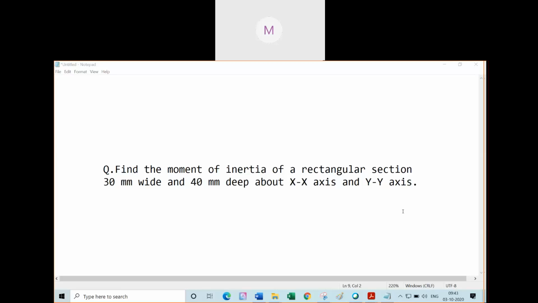This is simple. So how will you find out? Just put in the formula we just discussed, no?